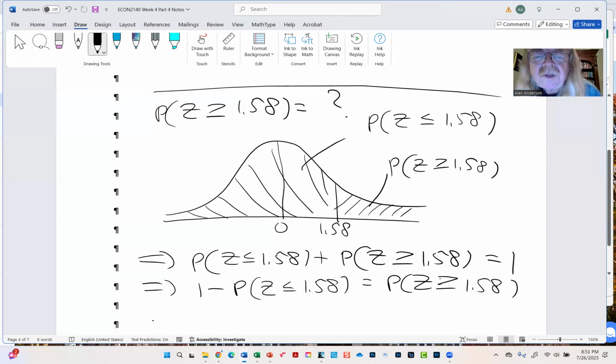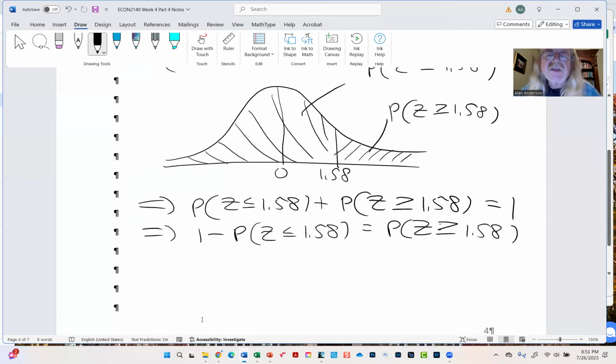Okay, so in other words, I subtracted the probability that z is less than or equal to 1.58 from both sides. And the reason why I did that is because this I can solve for in Excel, using the NORM.S.DIST.